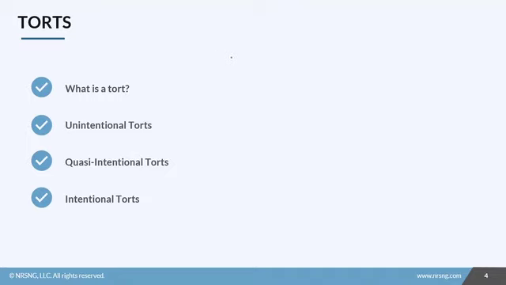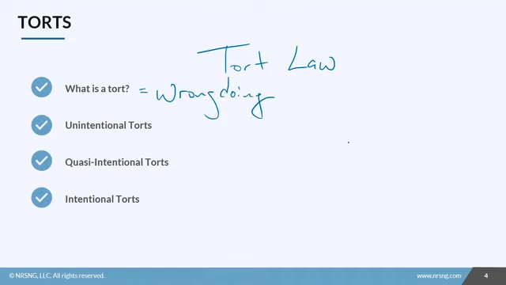So here's a word that you're going to see often throughout fundamentals. It's called tort law. And so what's a tort? A tort is a wrongdoing against a person. So if you do something that hurts or harms someone else or damages their property, that is a tort. There are three types that we look at when we're talking about tort law in nursing: unintentional torts, quasi-intentional torts, and intentional torts.